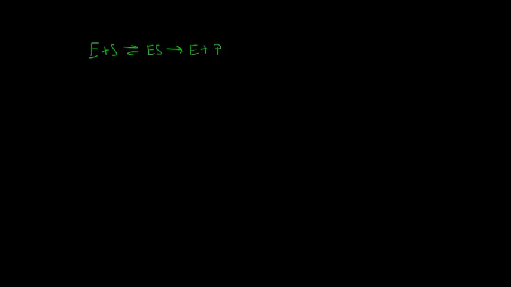As a reminder, we said that this second step, K2, was the slow step, the rate determining step, meaning that the overall rate of this reaction is equal to K2 times the concentration of the enzyme-substrate complex.